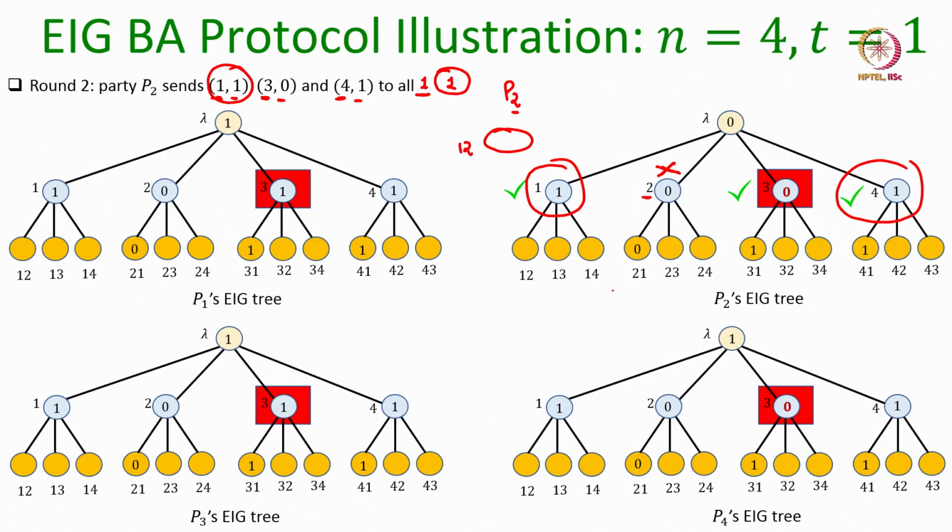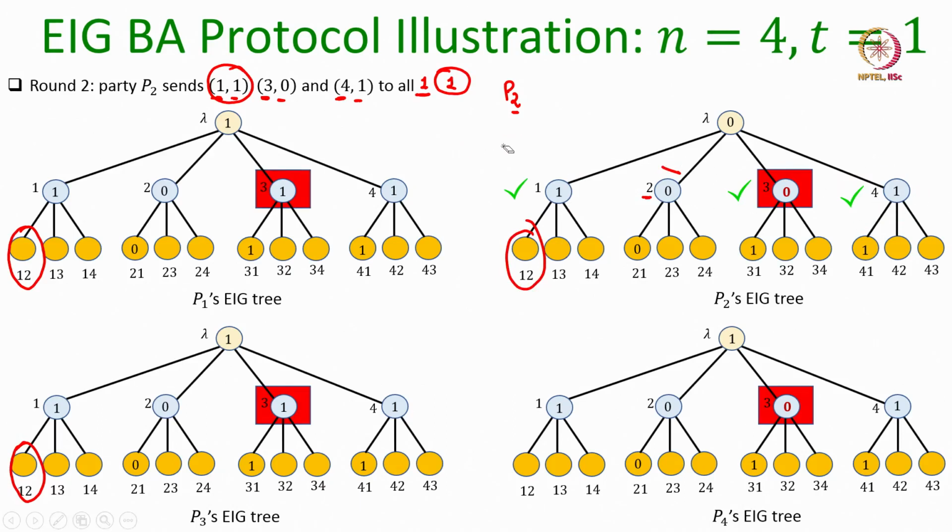And what value will it be assigned? The value which P2 is informing regarding the node in the previous layer. So, the value that it is reporting is 1. So, every party will assign the value 1 to the node whose label is 1 2, right.